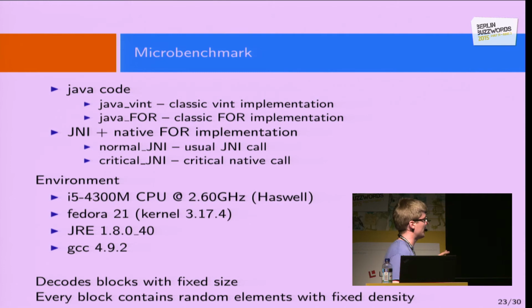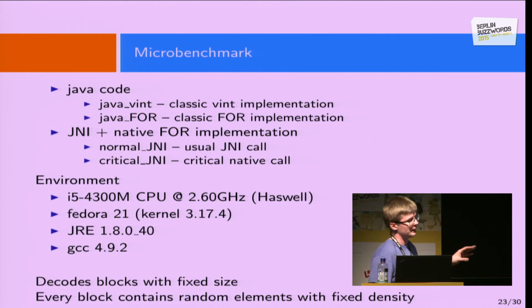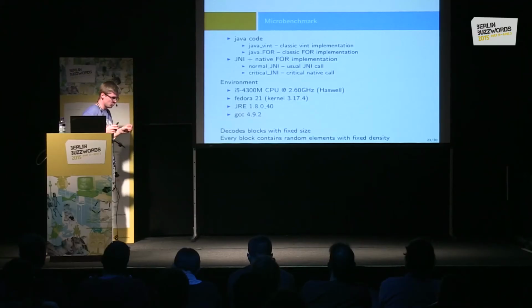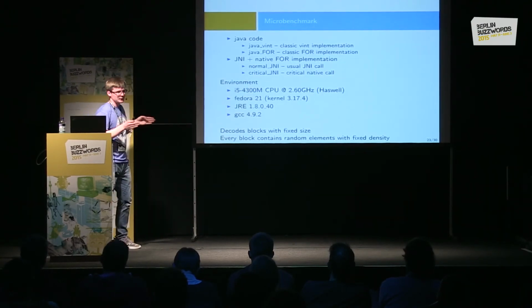In this experiment, I decode blocks with fixed size. I use different sizes and measure the latency of each call. Every block contains random elements with fixed density. It is important to fix density because the algorithm depends on the density of data.